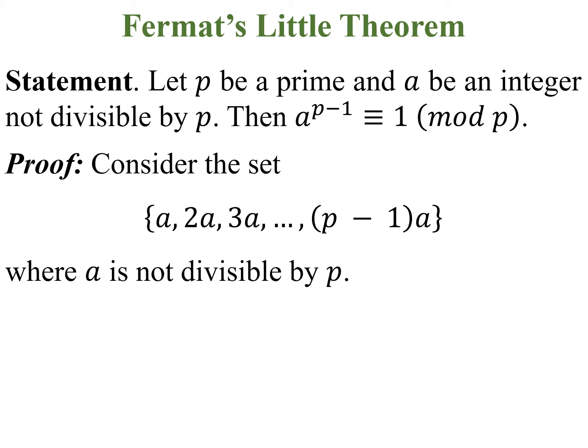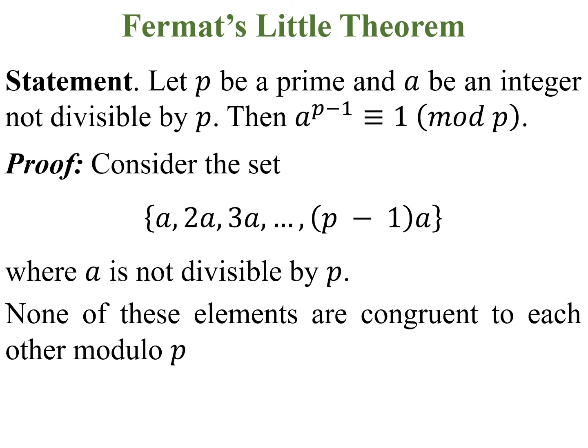So what can we say? All these elements in the set are relatively prime to P. That means the GCD of every element in this set with P is 1.